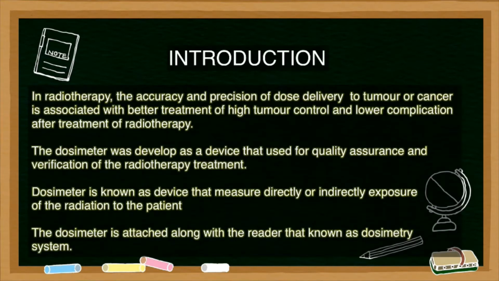The dosimeter is attached along with the reader, known as a dosimetry system. For more than a decade, the dosimetry system has been used over the world to perform radiation measurements in verification, qualification, or development of new processes, especially in new advanced technology.